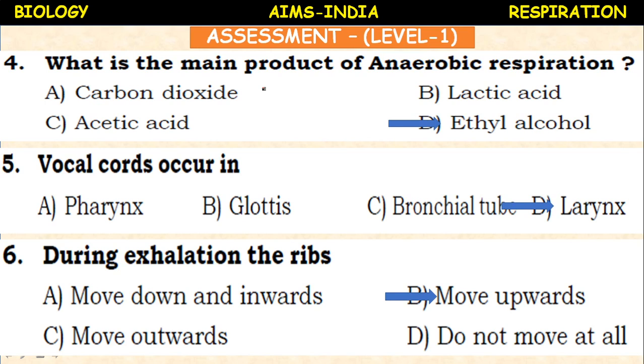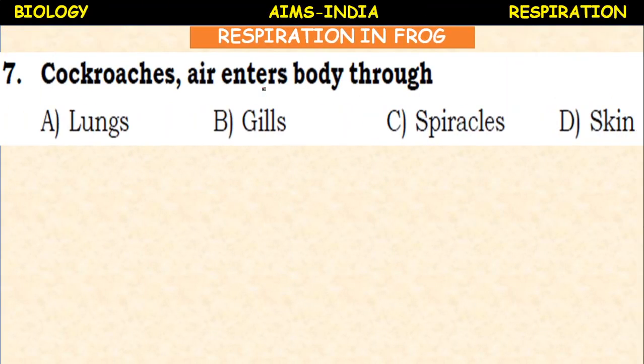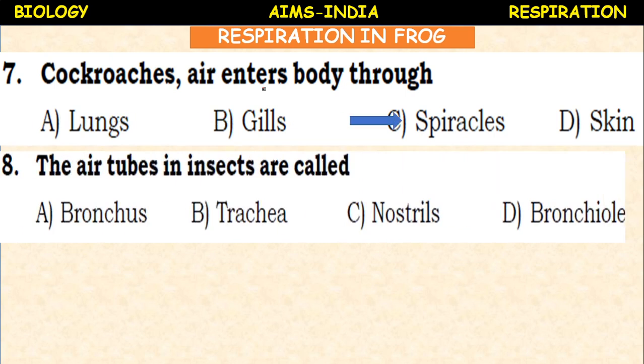Next, in cockroaches, air enters the body through lungs, gills, spiracles, or skin. Spiracles. Spiracles are present on the sides of the body wall. They act like valves, regulating the entry and exit of air.